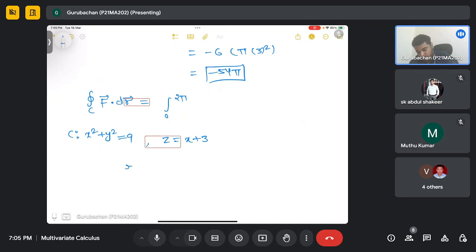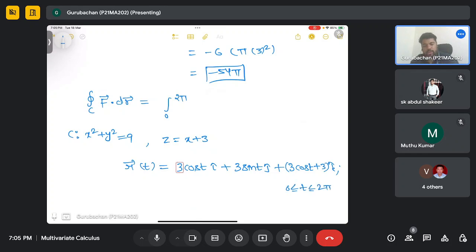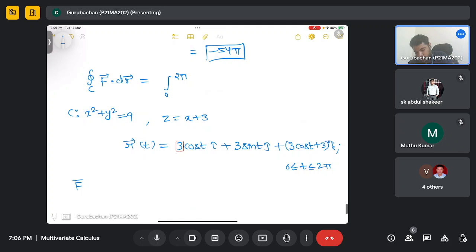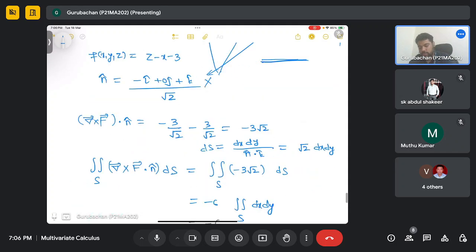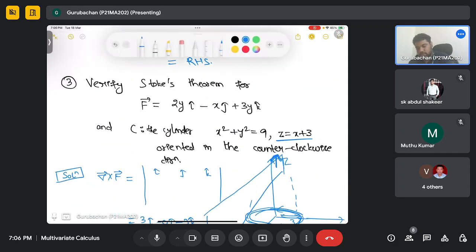So your parametric form will give you that r(t) will be, if you consider it, 3 cos t i plus 3 sin t j plus (3 cos t plus 3) k, where t varies from 0 to 2 pi. Now F dot dr will be, so what is our F? Let us take it from here.